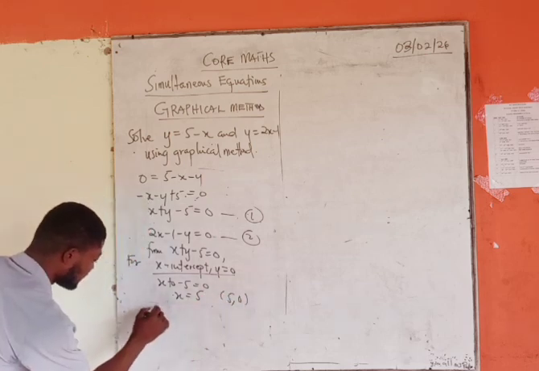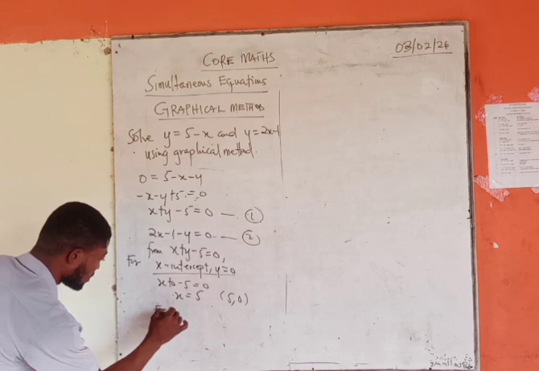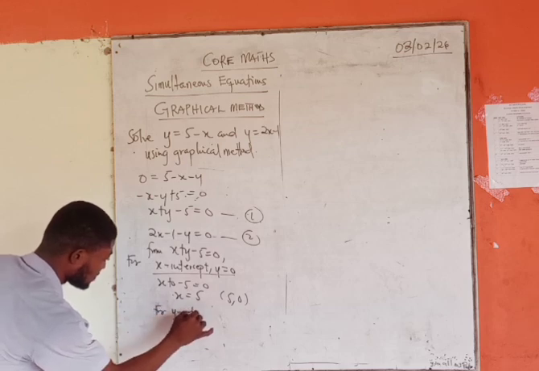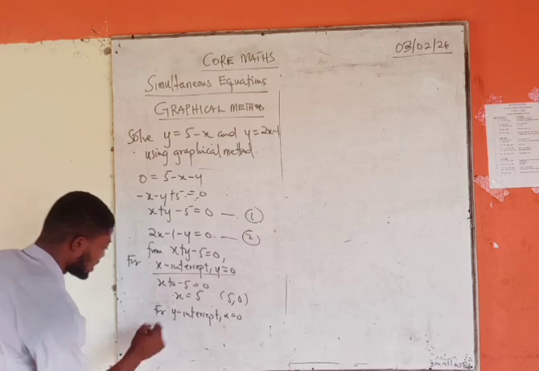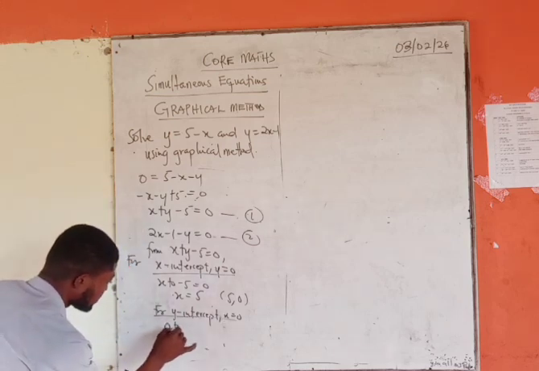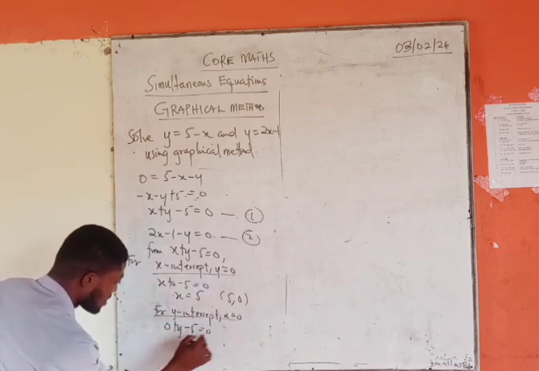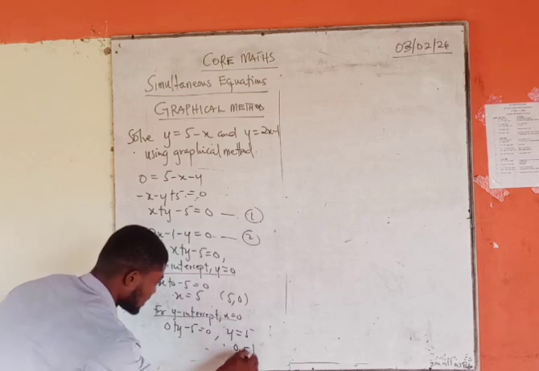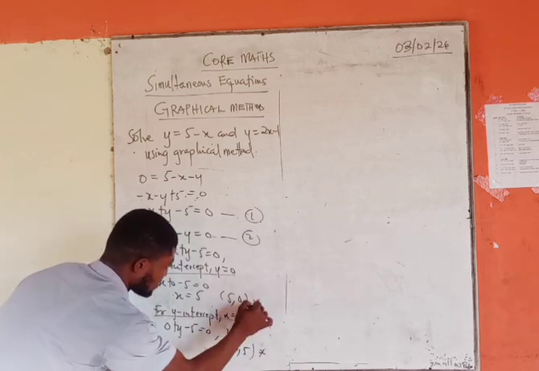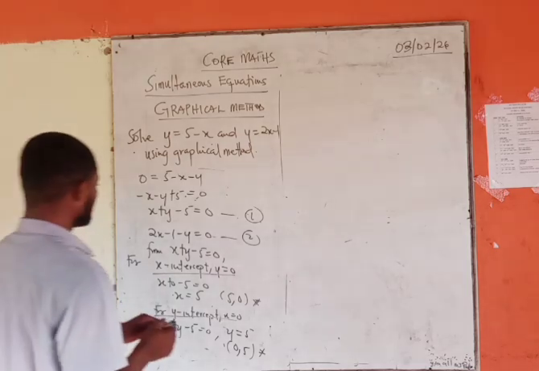And then for the y-intercept, x is equal to 0. In that case, I have 0 plus y minus 5 is equal to 0, so y is equal to 5. So we have (0, 5) as the second point.